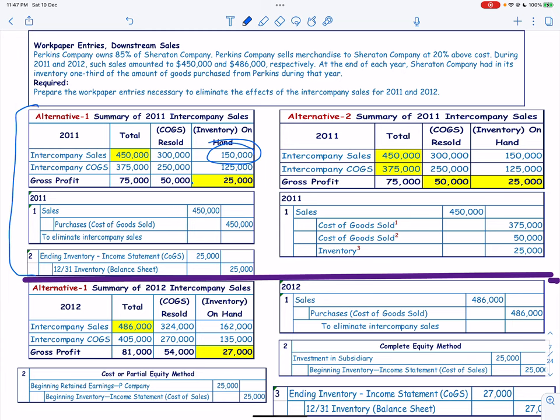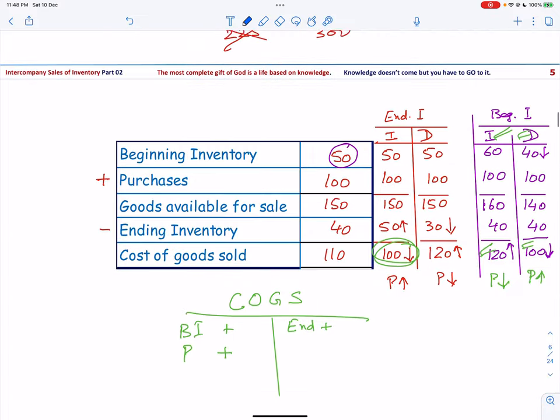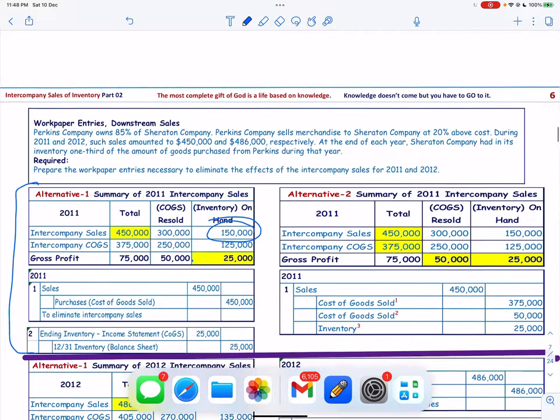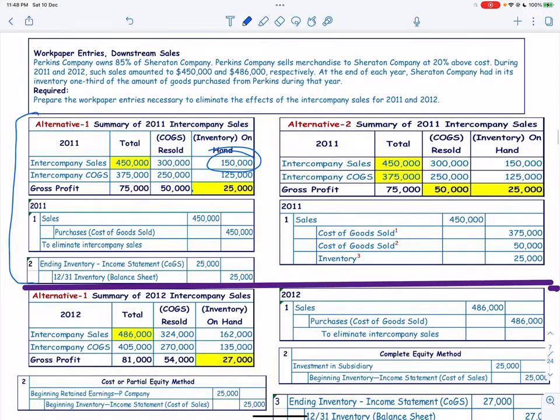So the first thing to be done in the year 2012 is to reduce the beginning inventory by 25,000. You can recall that reducing the beginning inventory means reducing the cost of goods sold, and reducing the beginning inventory means reducing the beginning retained earning too. So let us look into it. So by reducing the beginning inventory in the year 2012, the cost of goods sold decreases for the year 2011.